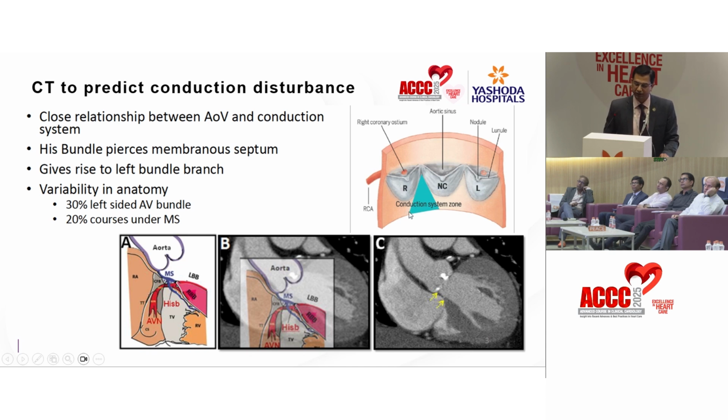So if the membranous septum is of decent length, like 6 millimeter or more, the chances of the implanted device interfering with the conduction system are least, and the chances of post-deployment PPI are least. But if the membranous septum is very small and your implantation depth is deep, you can expect a chance of permanent pacemaker after implantation. So this is the relationship.